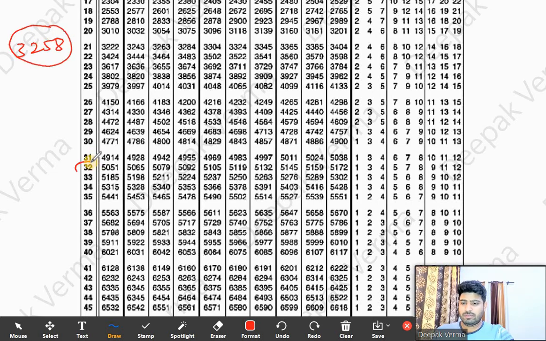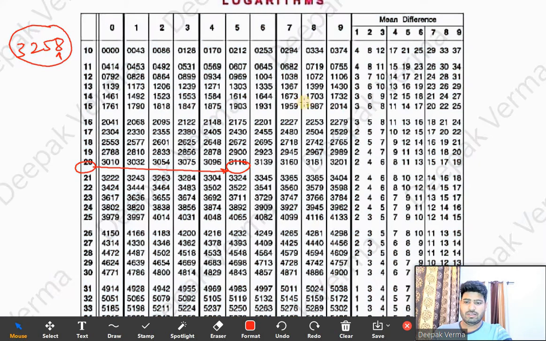Where is 32? Here. Now look at column number 5. This is 0, 1, 2, 3, 4, 5. We get this. Clear? Now come to the mean difference and look at column number 8. So this is the mean difference. Mean difference columns start with 1.